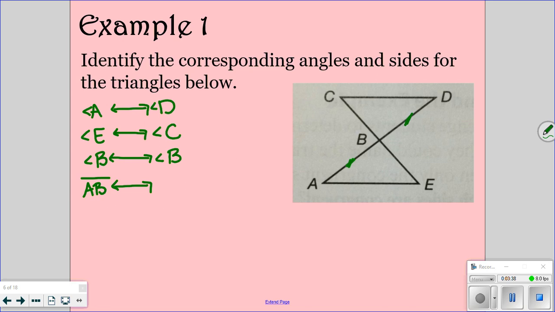Now you have to make sure that you order them in the correct way. A corresponded to angle D, so D has to come first, and then B, because A and D correspond and B correspond.